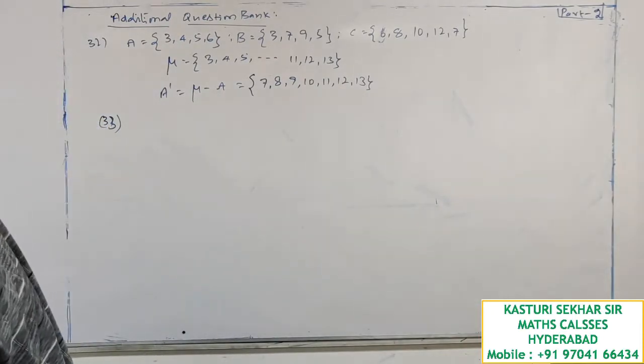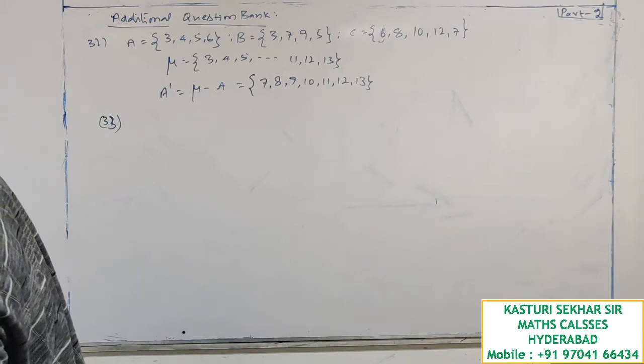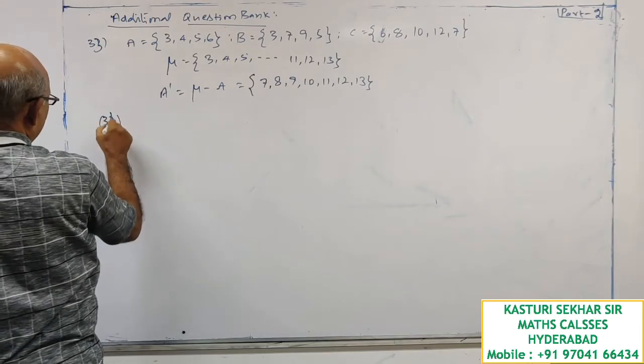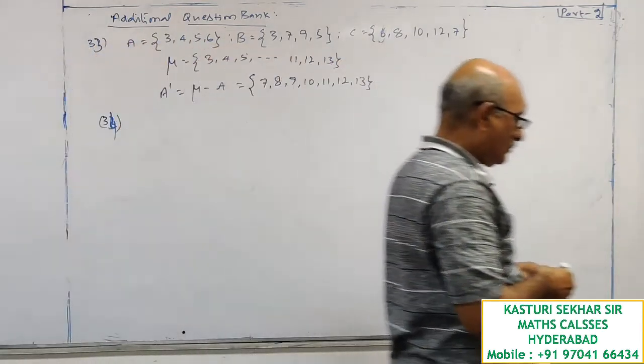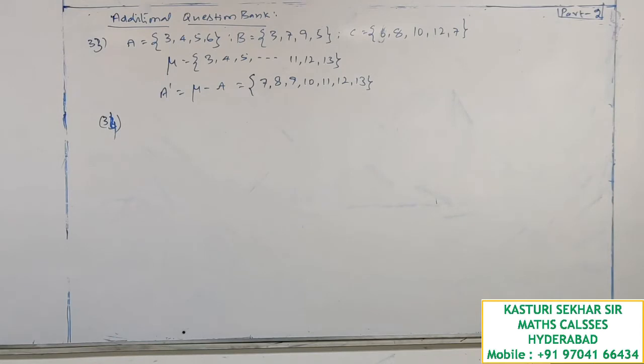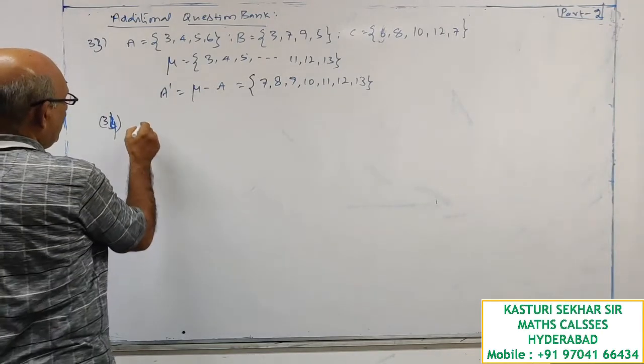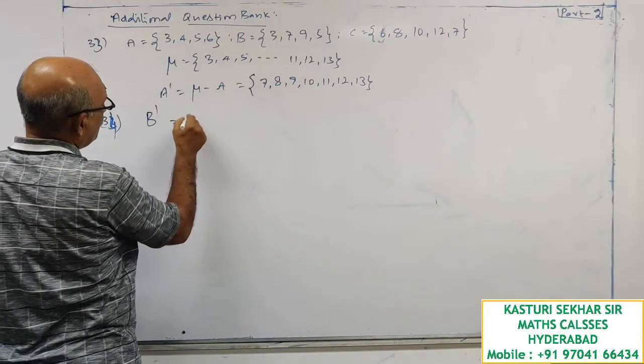What is question number 33? This is 33 in fact. This is 34. B complement is required in 34.